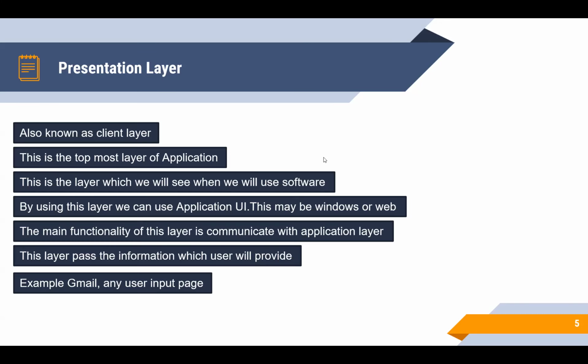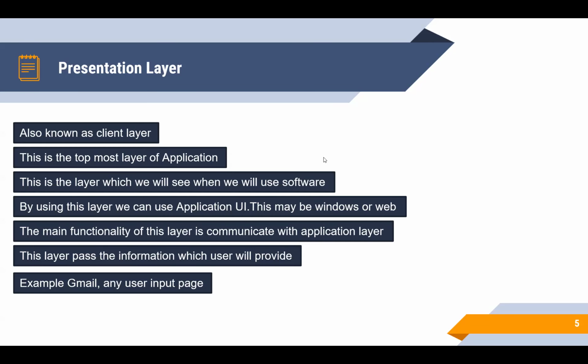The main functionality of this layer is to communicate with the application layer. For example, suppose you have developed a web application where you have one login page. The user will provide credentials, ID and password, and when he clicks on login, where will this request go?